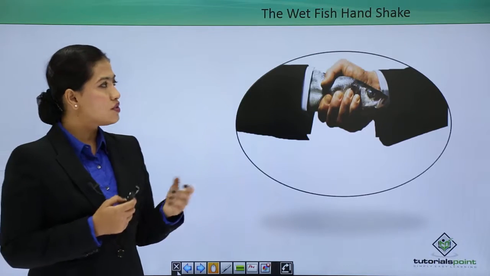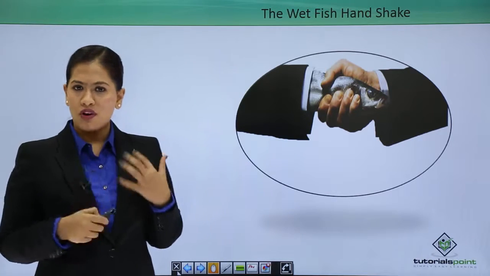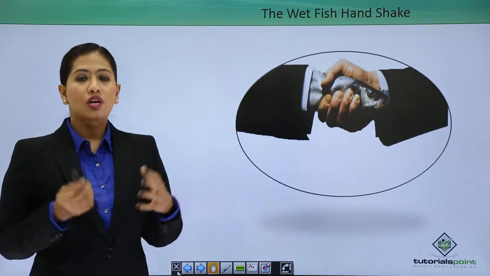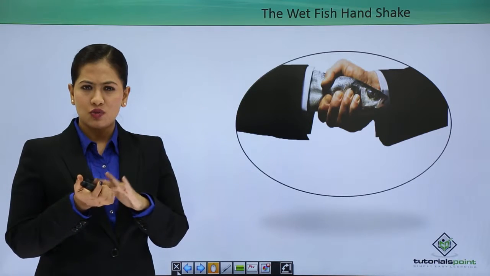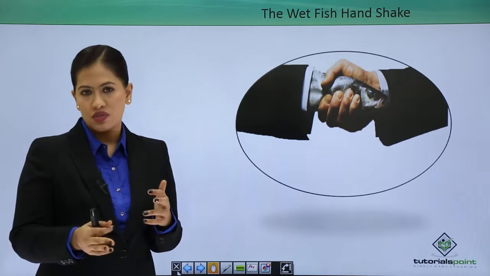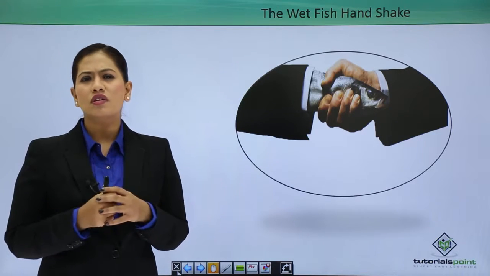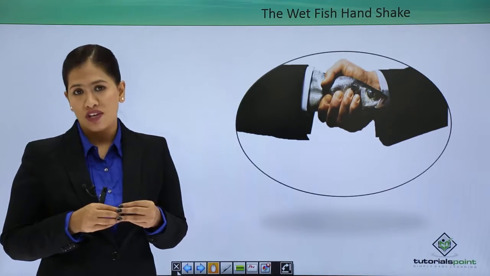Moving further, the wet fish handshake. This is something more like a body type and a personality type. If you analyze yourself that you have sweaty palms, then you have to really rethink giving your hand to somebody for a handshake, for the simple reason that you don't want to upset the person on hygiene lines and on professional lines.